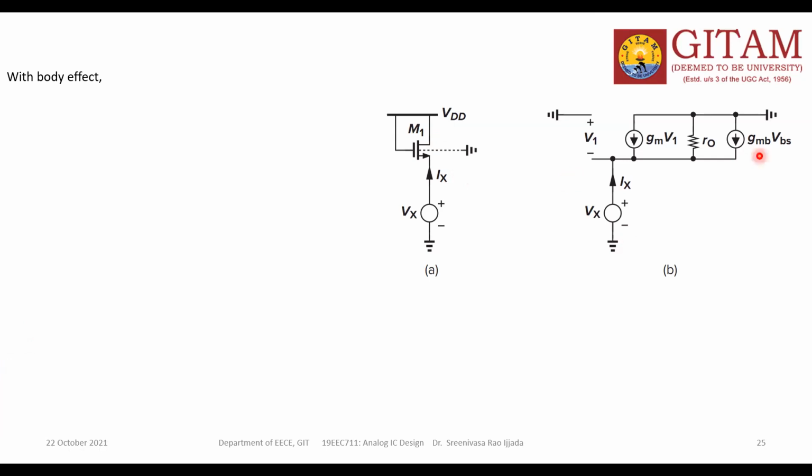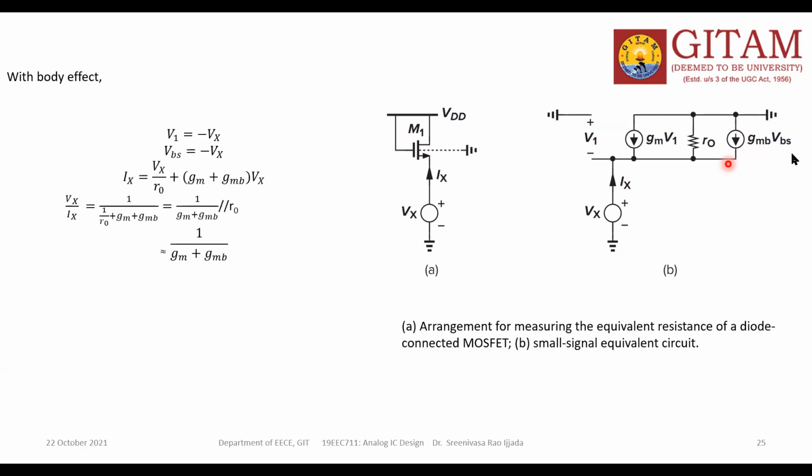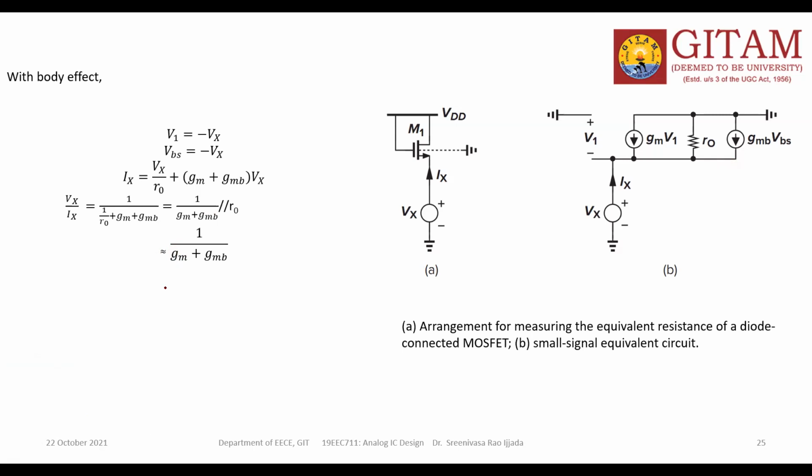This gmb is the transconductance with body effect, and VBS is the voltage between the body and the source. With this, the impedance we got is approximately 1 by gm plus gmb, that is, 1 by gm into 1 plus gmb by gm.